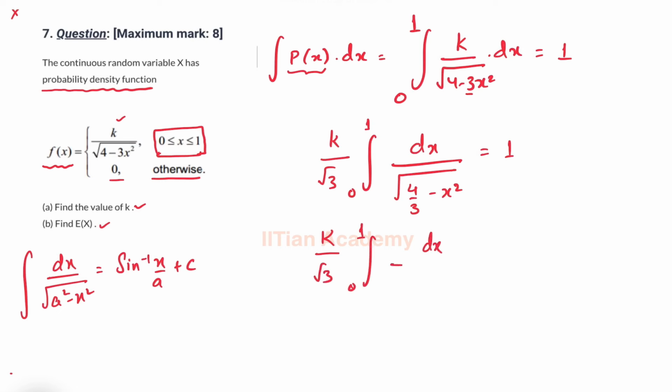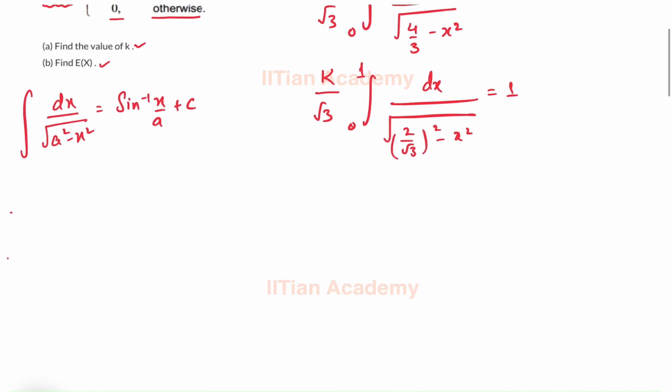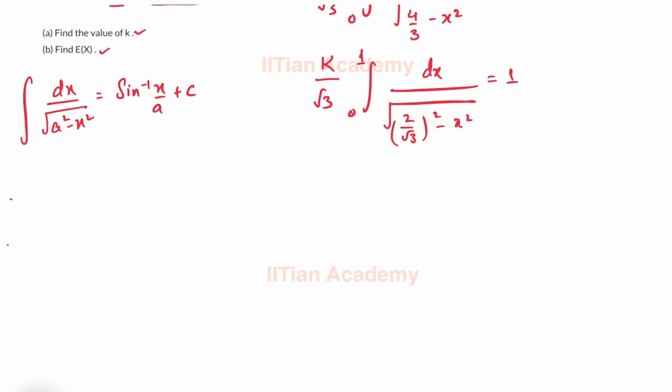So this is k by root 3, integrating from 0 to 1, dx root under, this will be 2 by root 3 whole square minus x square equals to 1. So what we are getting is a similar formula, so we can simply write this as sine inverse x by a, so x divided by 2 by root 3.